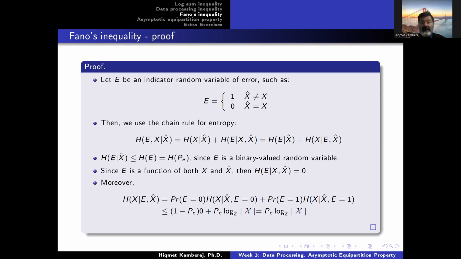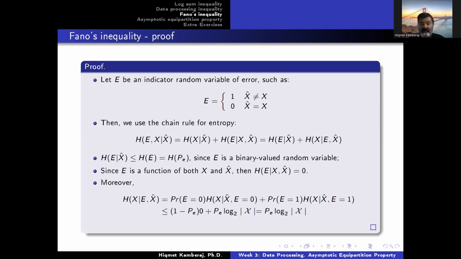Then the entropy of E and X given X hat is equal to the entropy of X given X hat plus the entropy of E given X and X hat. Or I could write this one, just swapping the places on the first, entropy of X and E, then you get the entropy of E given X hat plus the entropy of X given E and X hat.